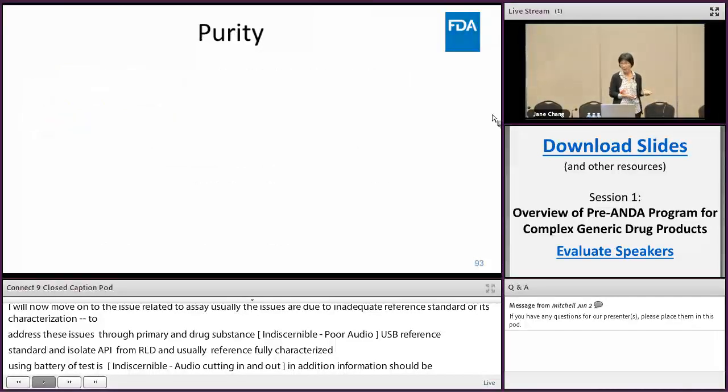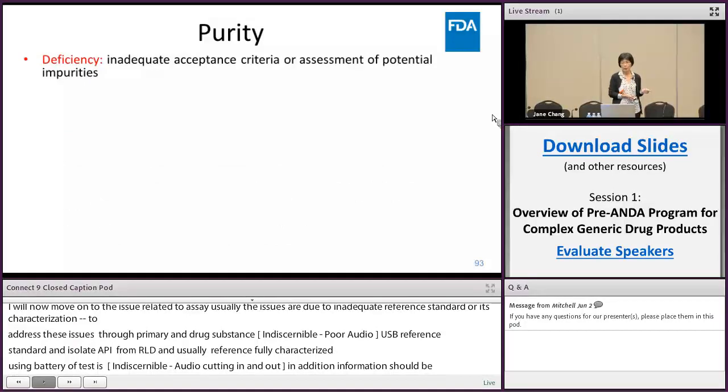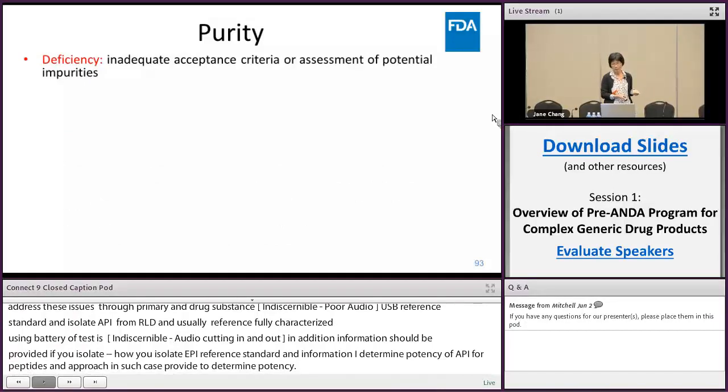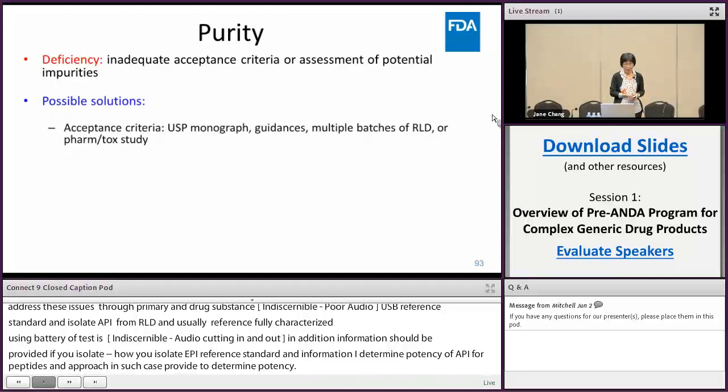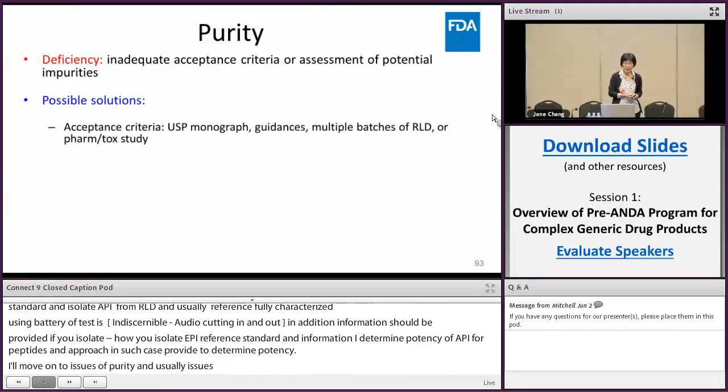I will now move on to the issues related to purity. Usually, the issues are due to inadequate acceptance criteria or lack of adequate assessment of potential impurities. You can address these issues by adopting the requirements in the USP monograph if the monograph is available.